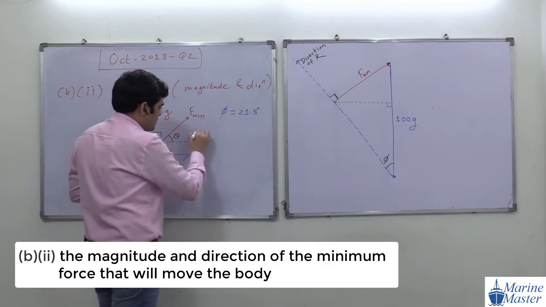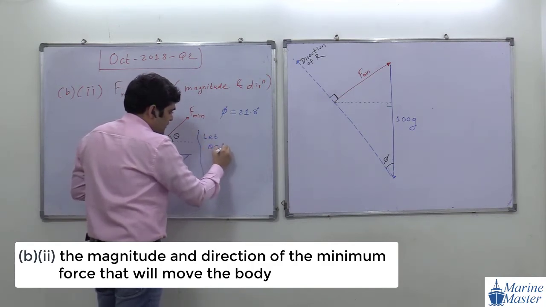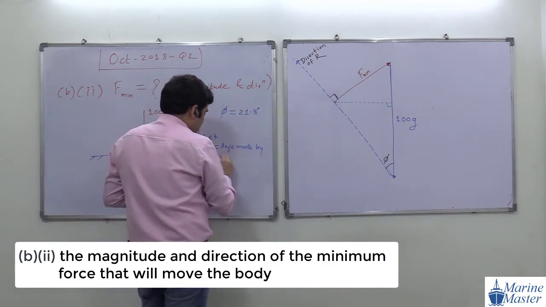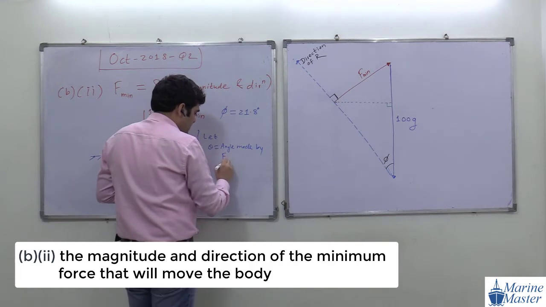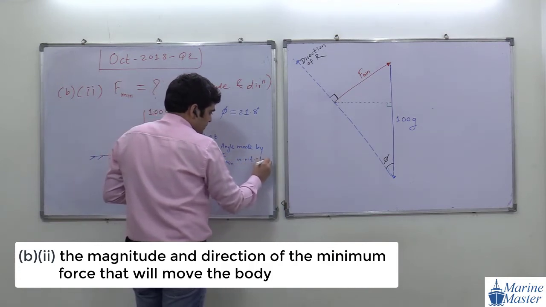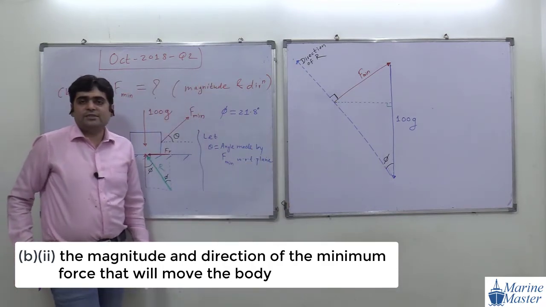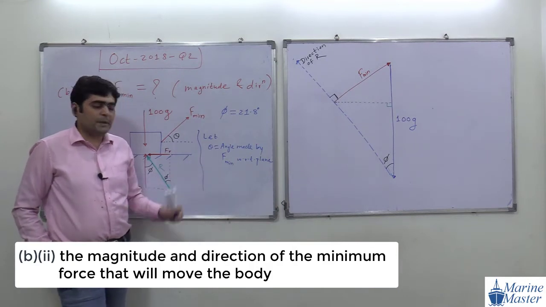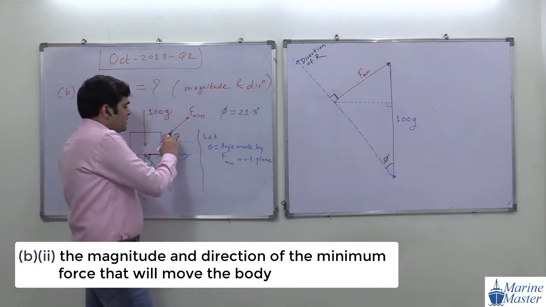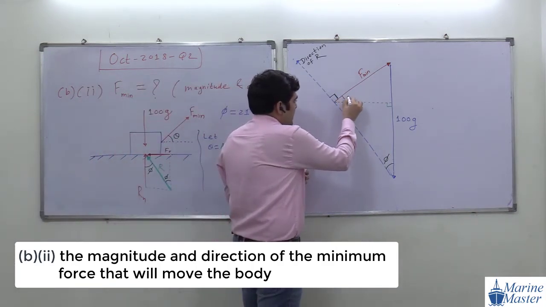Let theta be the angle made by F minimum with respect to the plane, and here the plane is in the horizontal direction. So whatever this angle theta, the same angle theta will be here.